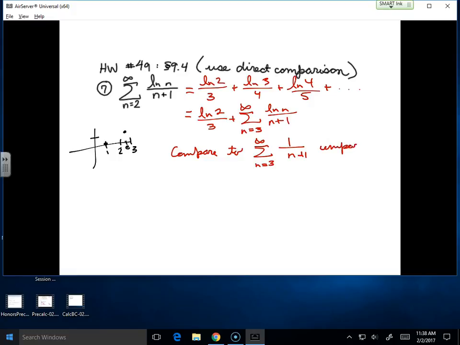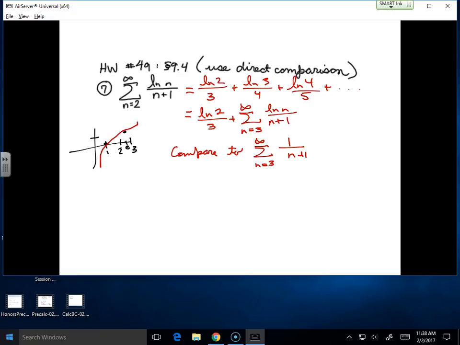Can we do this? I don't really know how to do direct comparison. Just do your 1 over n, that would be bigger. Would they give us one this hard for a direct comparison test? I don't know, but I think she keeps telling us that you can use multiple tests, and they don't really have a specific test that you have to use.